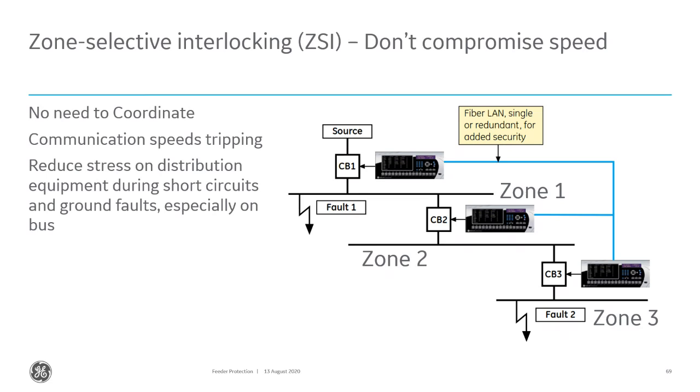It just requires some more equipment to install, like our MDS radios, Orbit radios, or our cell radios. We could use that to do zone interlocking if the relay or piece of equipment is out in the field somewhere, where you can't run a direct wire into the substation.